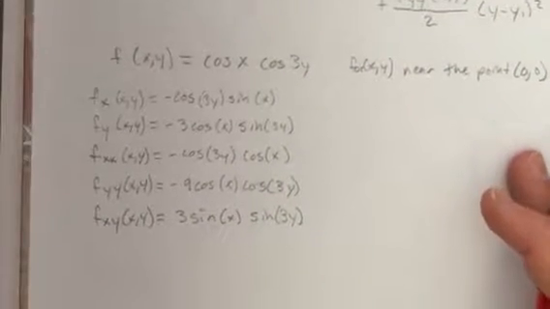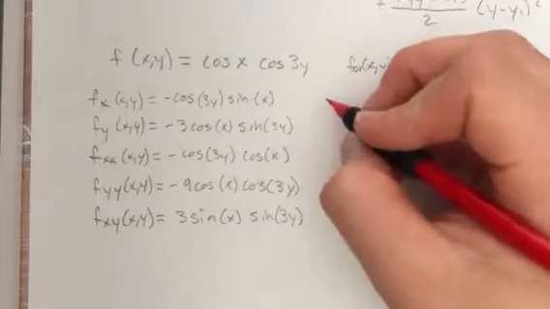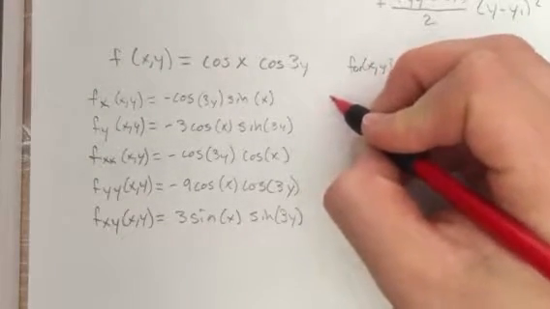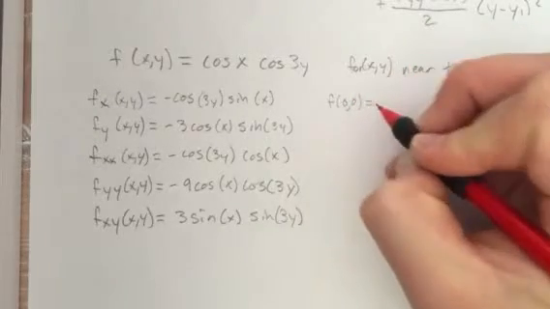Alright, after I've done this, I like to go through and plug in the point that you're given to find the values that you'll be using when you put your equation together.